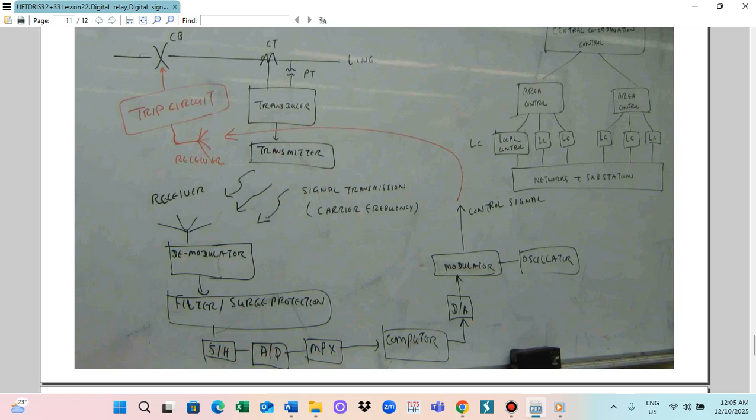At the receiver, we also use a demodulator. Demodulator means, like in your radio set, the telecom signal is converted to the electrical signal. So this is a demodulator, similar to the modem in the computer. This demodulator takes out the signal here, and then here you also have the fader and the surge protection.